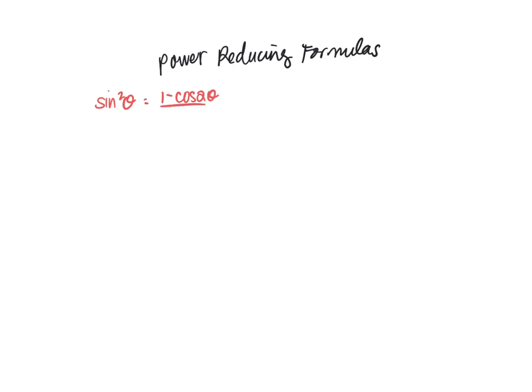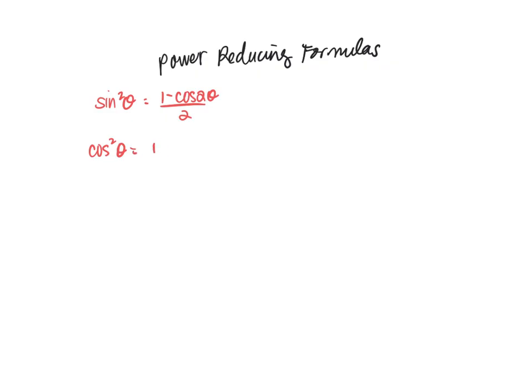Next, we're going to look at power reducing formulas. And this is what you can write in your important ideas. We have some power reducing formulas. Sine squared theta equals 1 minus cosine 2 theta divided by 2.